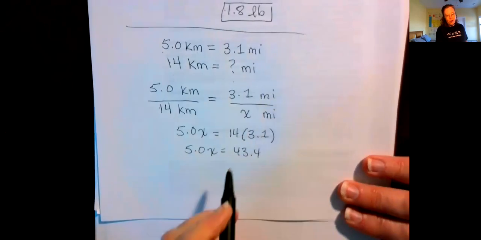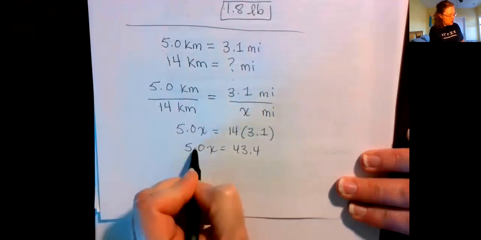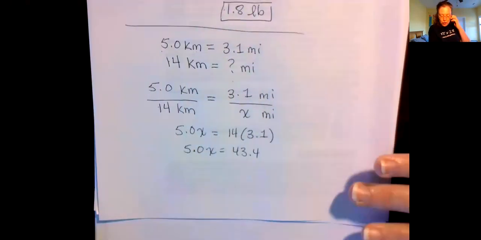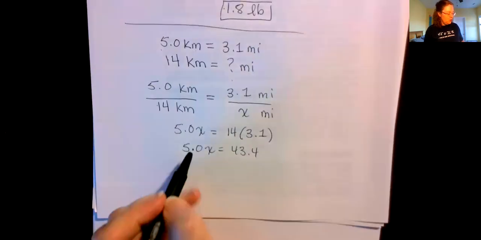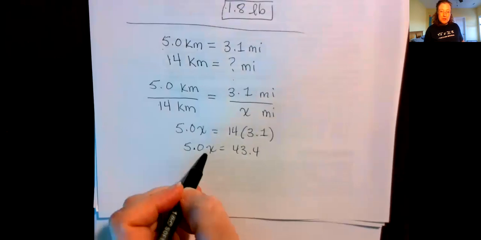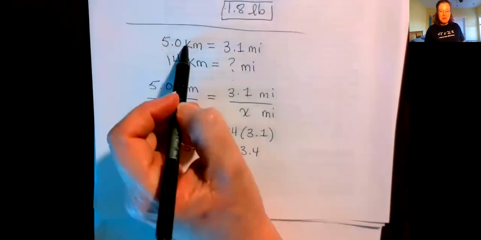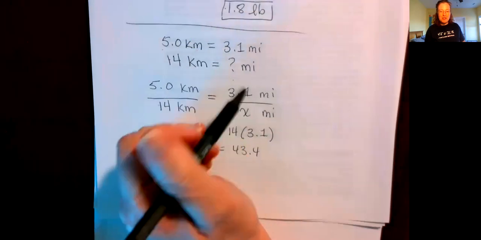And you may be wondering why I'm bothering to put the 5.0 here. What I found interesting when I was grading tests last semester was that people who dropped the point zeros and continued with the problem forgot to go back to the original numbers and check how many significant figures they had.